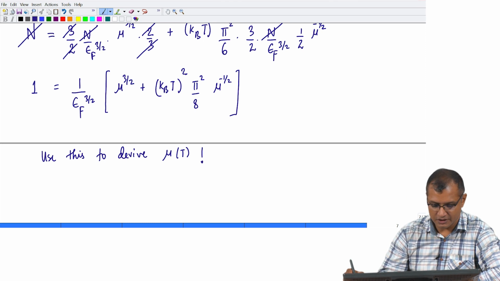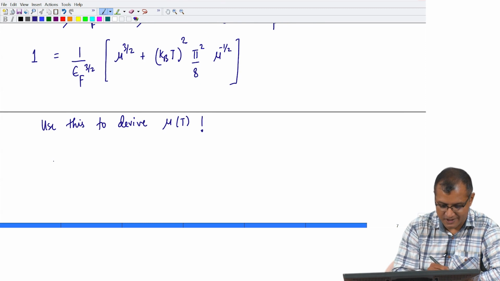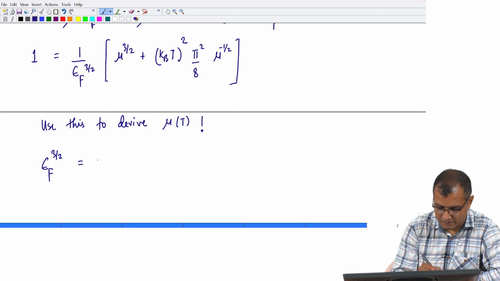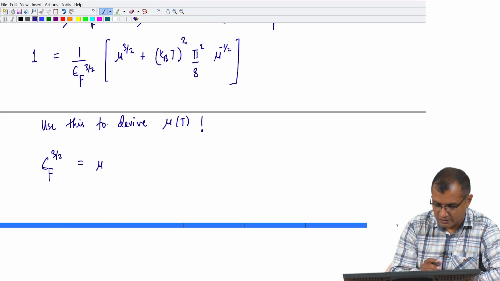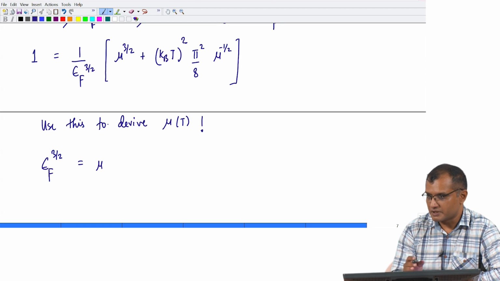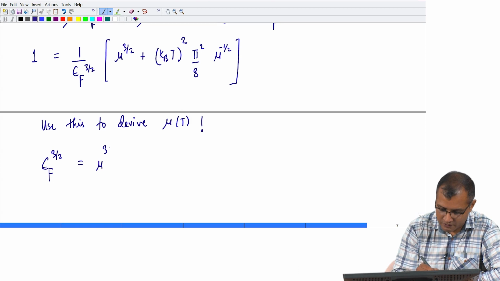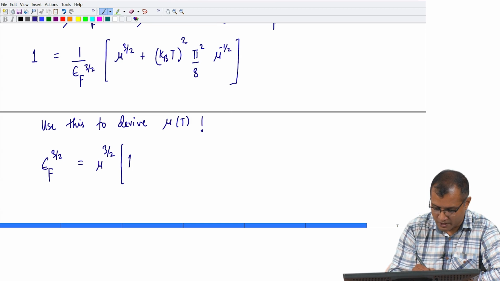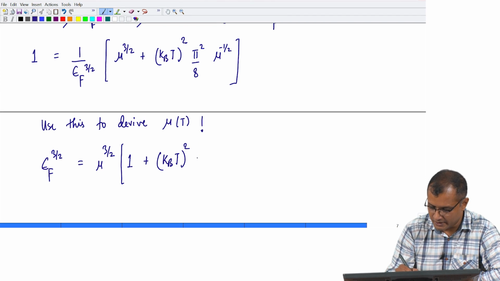Okay. So, that can be computed very easily. You can multiply both sides with E_F to the power 3 half. So, what you get is basically just the expression in the brackets, and from that also if you take out mu raised to 3 half outside, what you get is just 1 plus kBT the whole square into pi square by 8 into mu raised to minus 2.